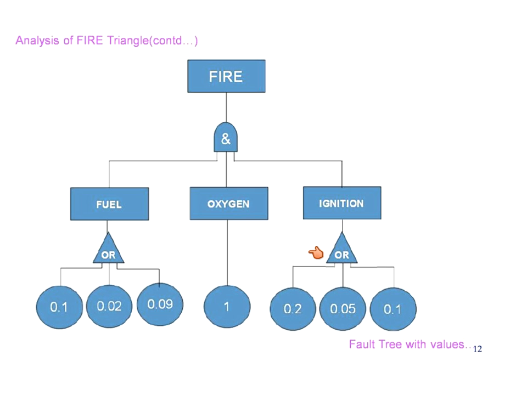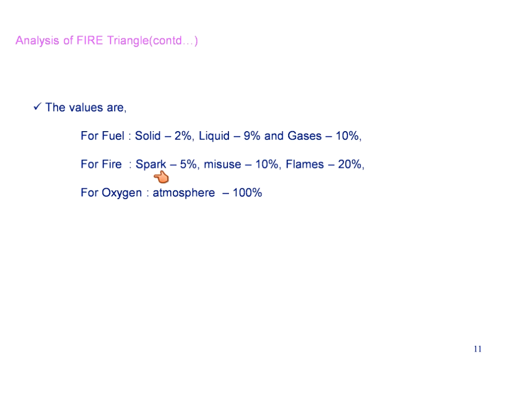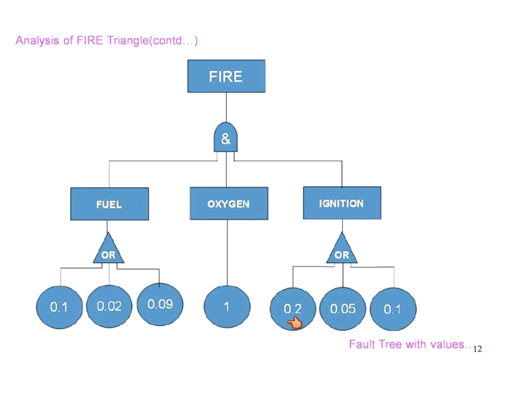And ignition, you have three. Again, you can see the previous slide. Ignition is because of spark, misuse, flames. Spark is 5%, misuse is 10%, flame is 20%. So here they have given 20%, 0.2.